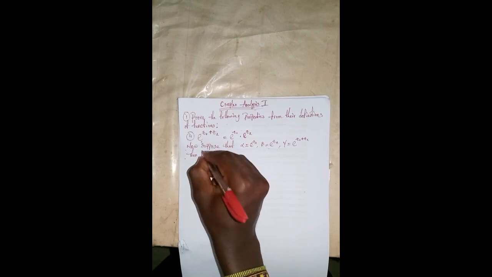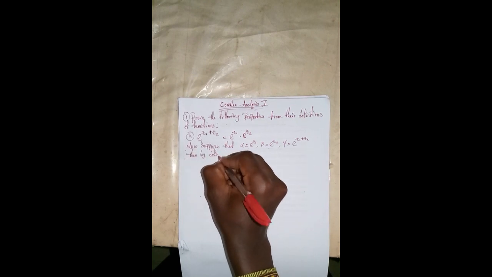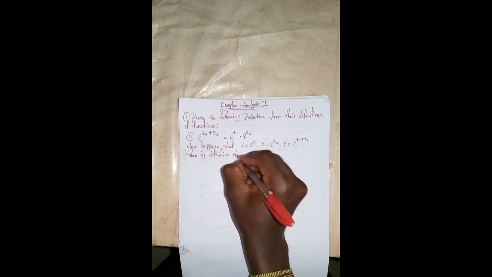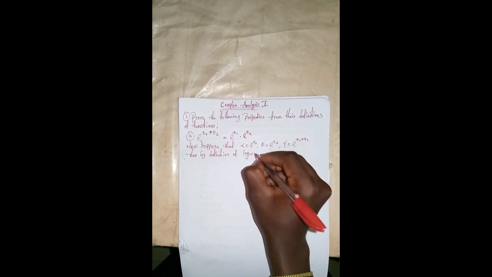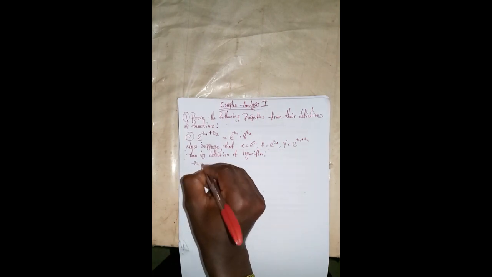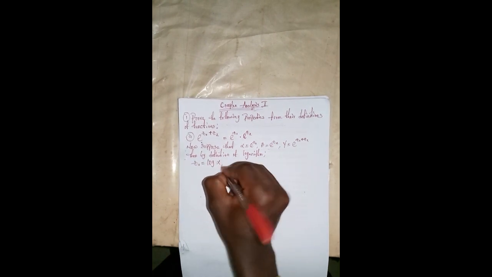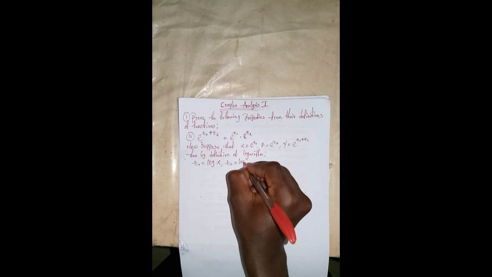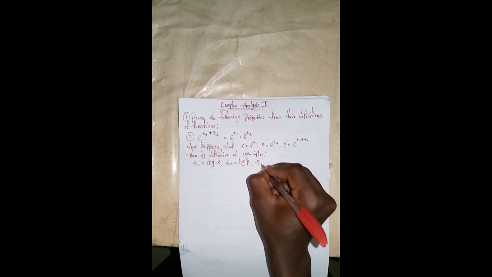Then, by definition of logarithm, and making use of logarithmic laws and exponential laws, we have that z1 is equal to the log of alpha, z2 is equal to the log of beta, and z1 plus z2 is equal to the log of gamma.